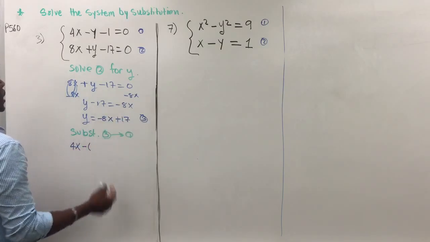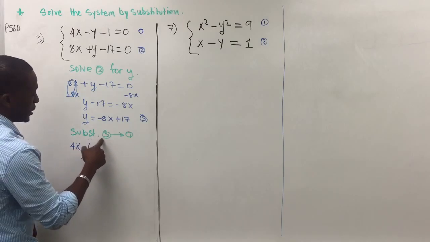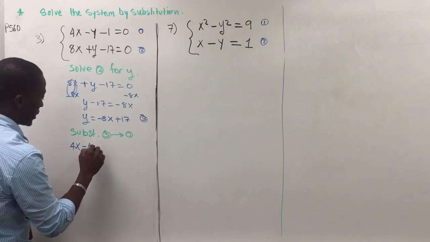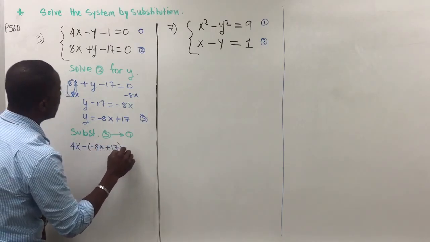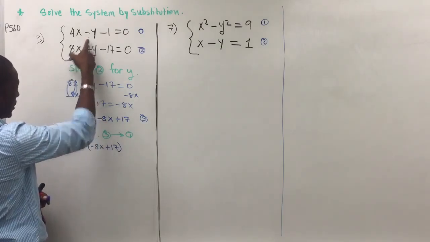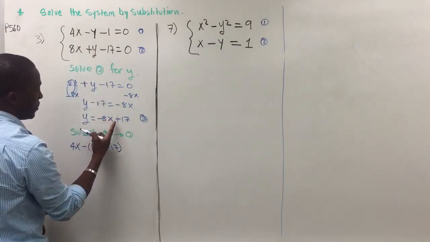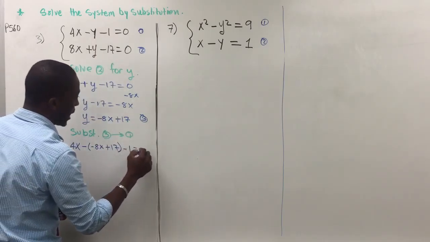If it was plus, it really didn't matter. You just want to make sure the minus gets distributed to both terms you're substituting for y. So that's minus parenthesis, minus 8x plus 17. And then, because that was minus y, in place of y you put minus 8x plus 17, minus 1. And then set that equal to 0.